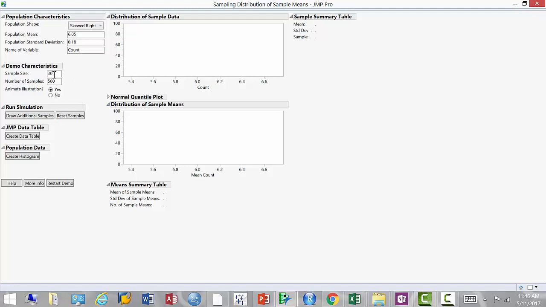And let's again start with four items per sample, okay? So as I see more and more samples, you will probably see that all of them are going to be skewed more or less to the right. So samples will follow pretty much the distribution of the population where they come from, right? So draw additional samples, and there you go.